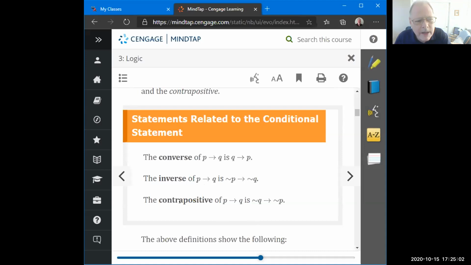But then when you make the contrapositive, this interesting thing happens. The original statement is true if and only if the contrapositive is true. That's when you make the inverse of the converse. Then you get a statement that has the same truth table as the original statement. So you can just replace one with the other. It's the same meaning.